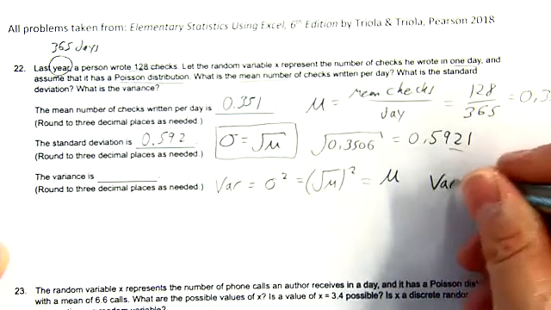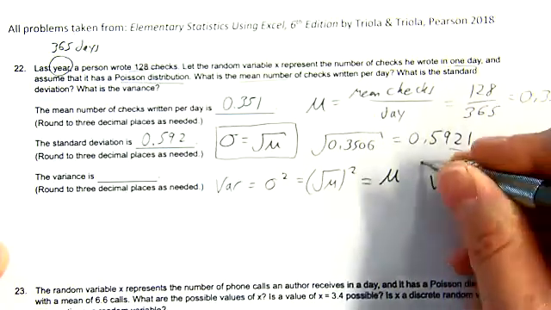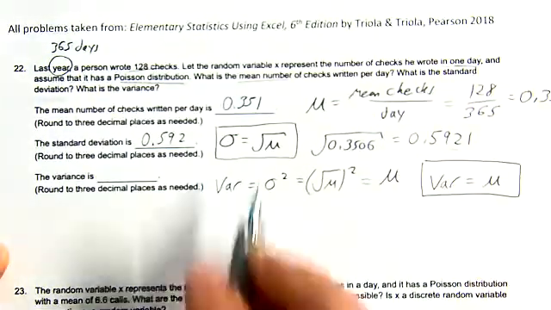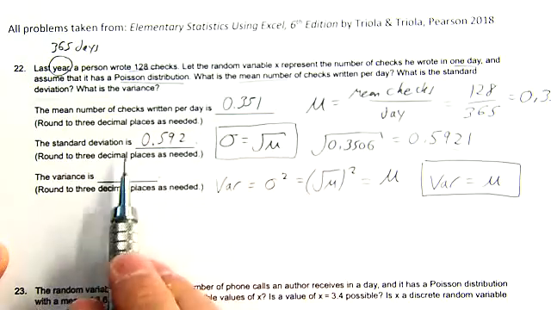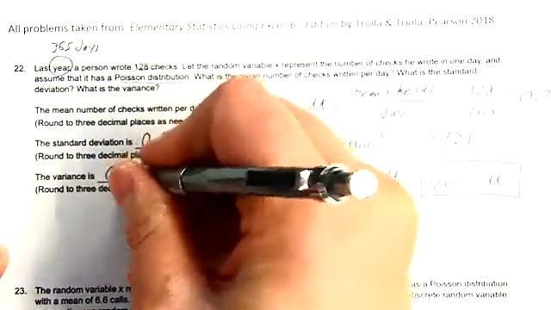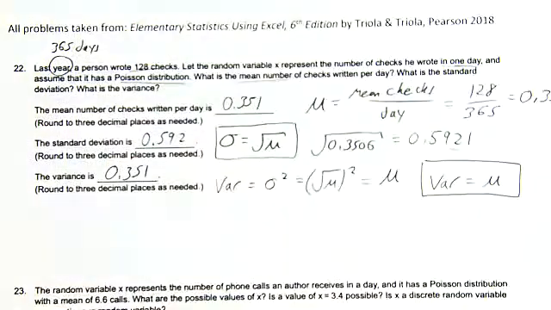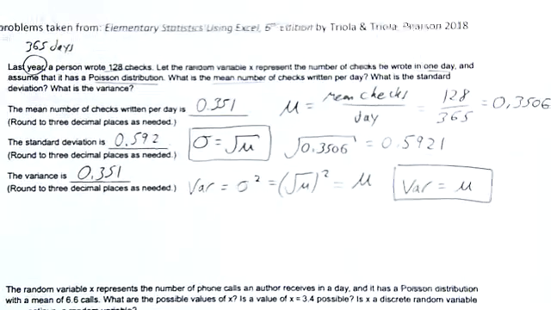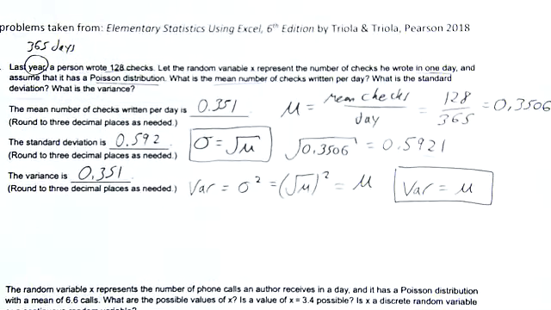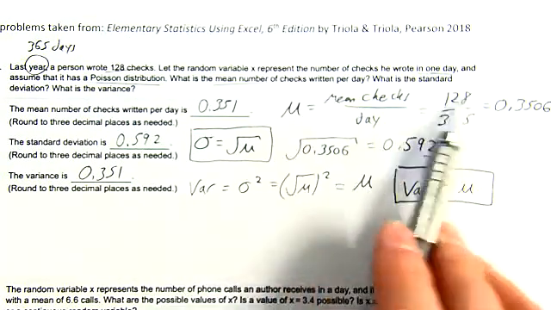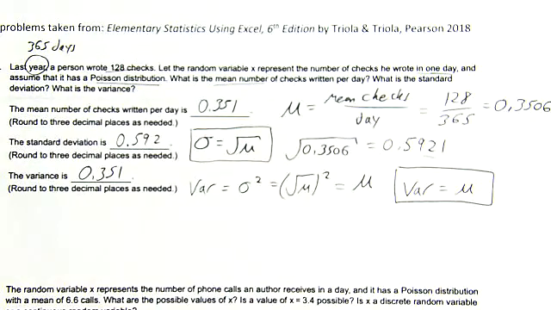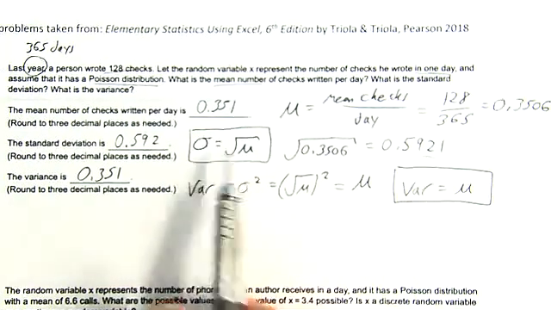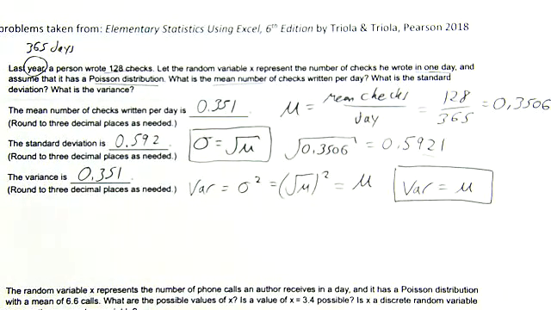So whatever answer you got for the first blank will also go here, 0.351. Probably the hardest part is getting this mean, right? Knowing to divide the number of checks by days in a year. Once you have that, then the rest is just sort of a plug and chug.